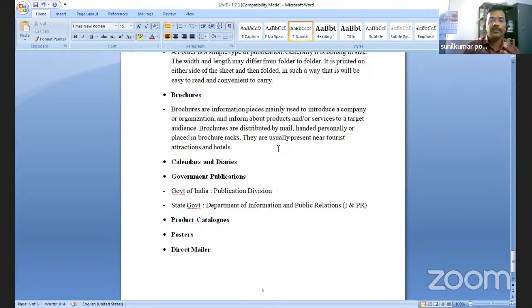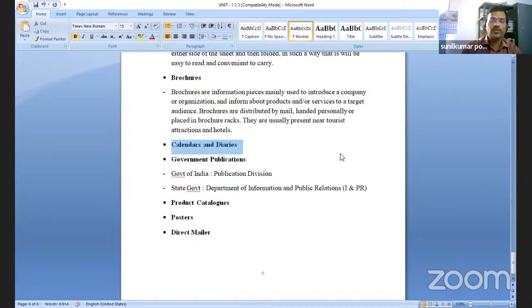Sometimes we call them catalogs also. Catalogs means all their products are included in the catalog, but a brochure targets one particular product or service, a colorful publication. So it attracts the dealers as well as the customers.